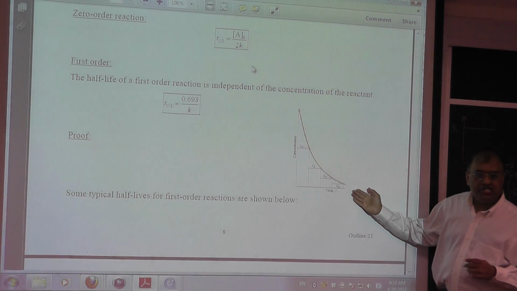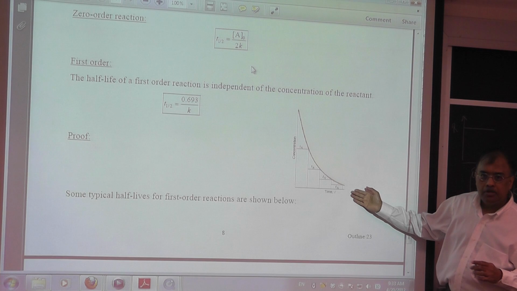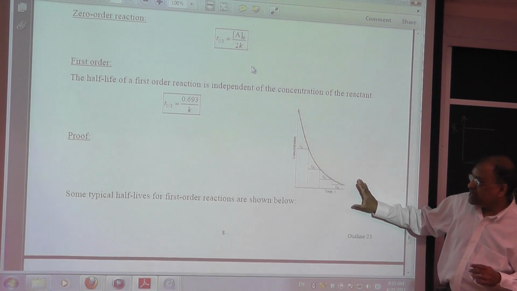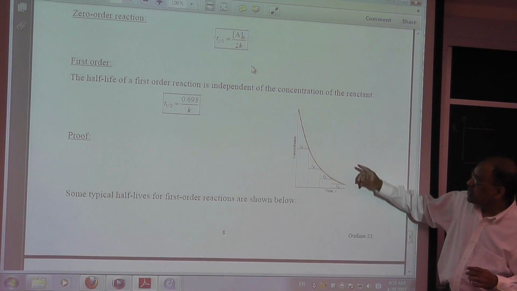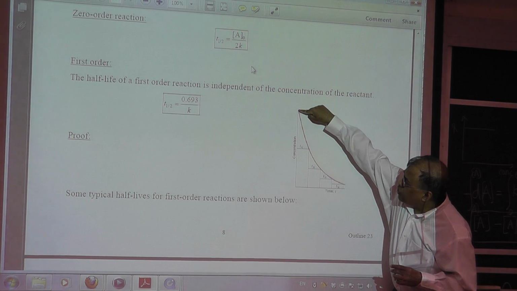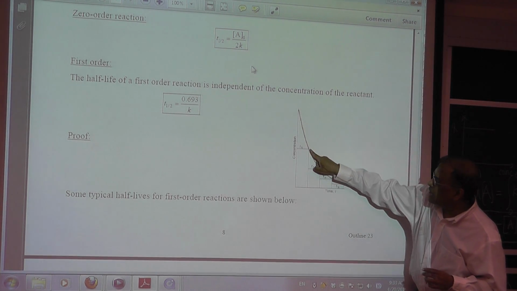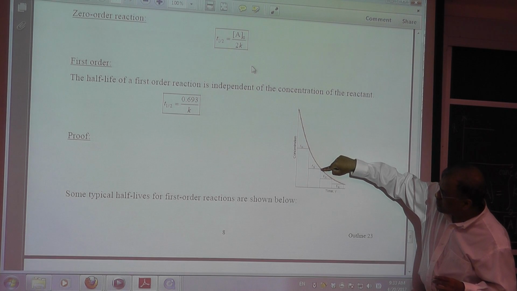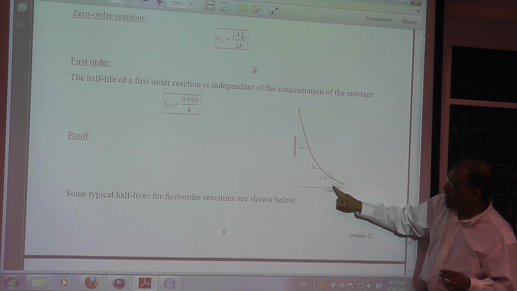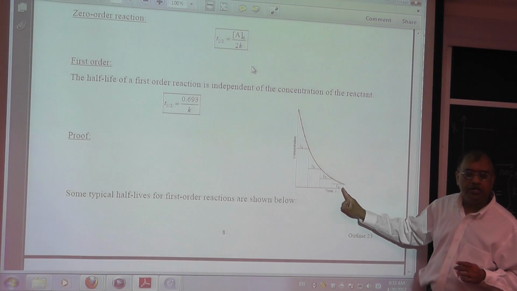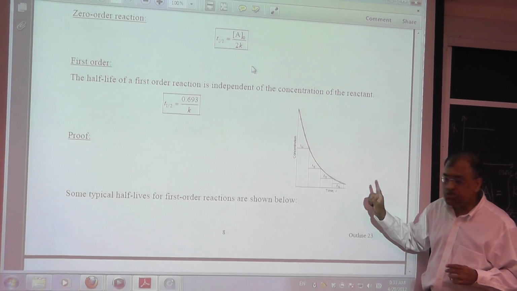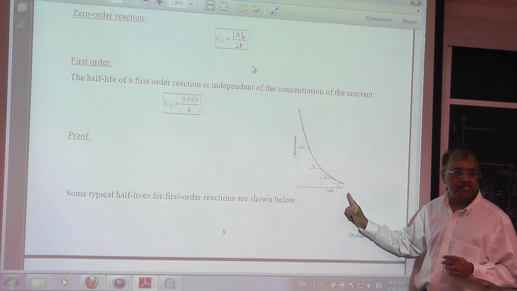So the first order process, the half-life concept is very nicely illustrated here. The amount of time it takes for you to go from here to here is the same as the amount of time it takes to go from here to here. The half-life is independent of the initial concentration. This is true only for a first order process.